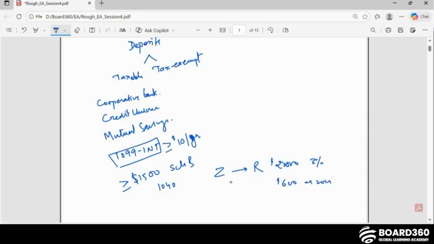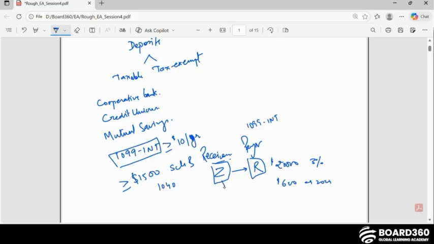Since this is a personal loan, obviously R will not issue any 1099-INT to Z, because R is a payer and Z is the receiver of interest income. R will not issue 1099-INT because it's an individual and it's a personal loan.